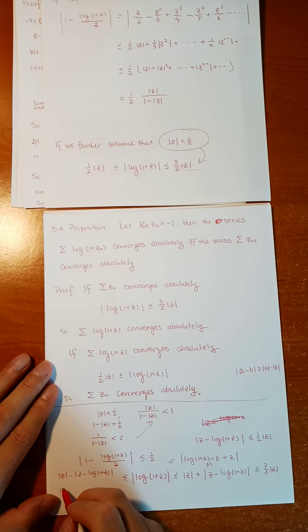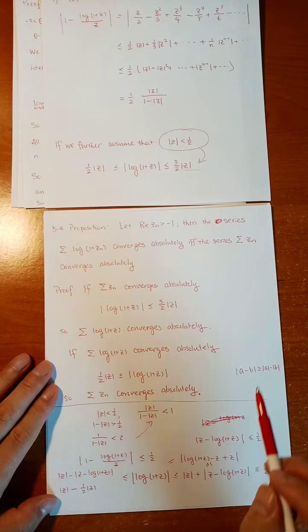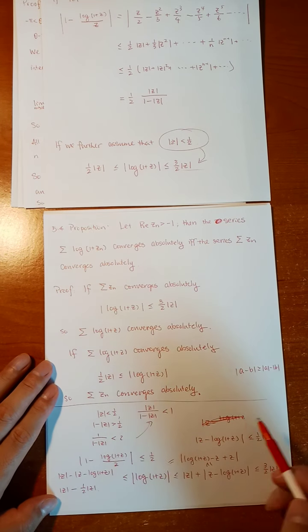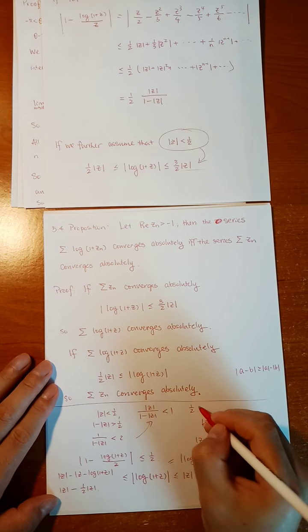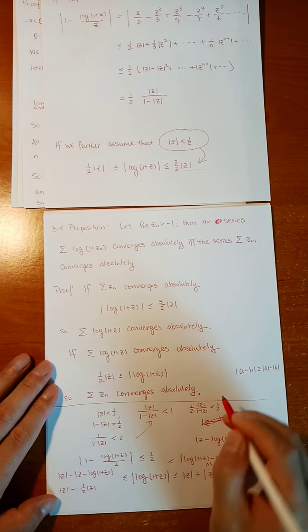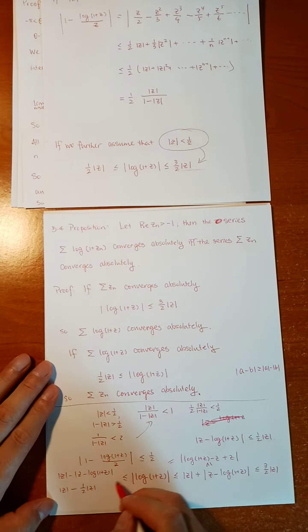And this is z minus 1/2 of the absolute value of z. It's a subtraction, so it's greater than. This is less than 1/2, and when you put the negative sign it becomes greater than, so that's why here is a greater than.